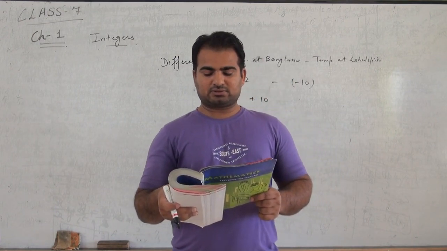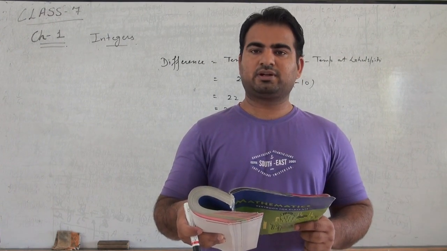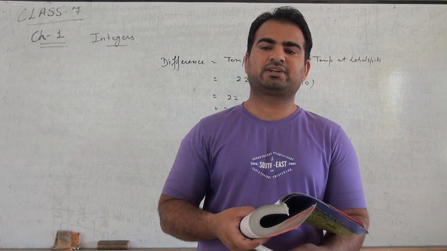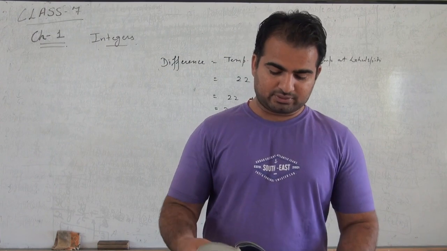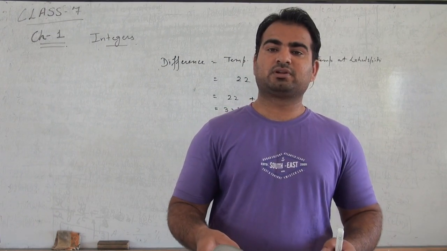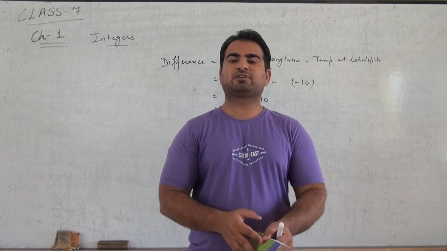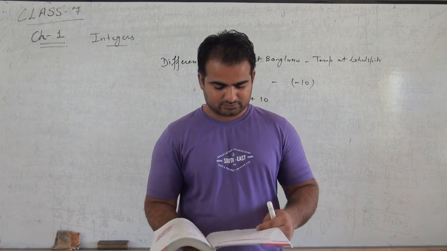Is it also less than the temperature of Srinagar? No. It is more than the temperature of Srinagar, because the temperature of Srinagar is minus 5 and the total was 0. So which is more? The number which is on the right hand side is always bigger on a number line of integers.